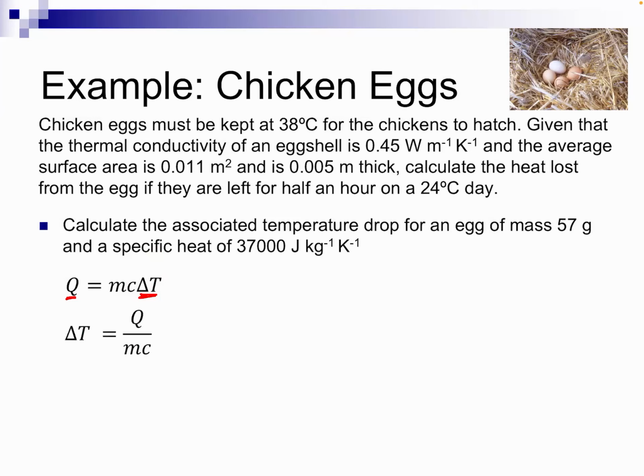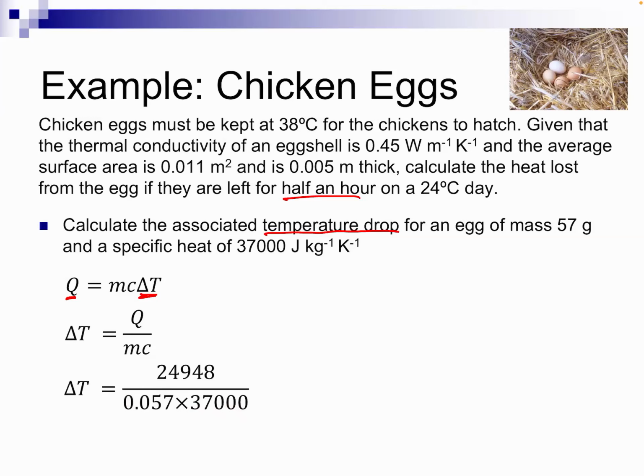So the change in temperature, which is the temperature drop we want to find, will be the amount of heat lost over half an hour divided by the mass of the egg times the specific heat of the egg. We've calculated how much energy the egg will lose over half an hour. The mass of the egg is given and the specific heat is given.